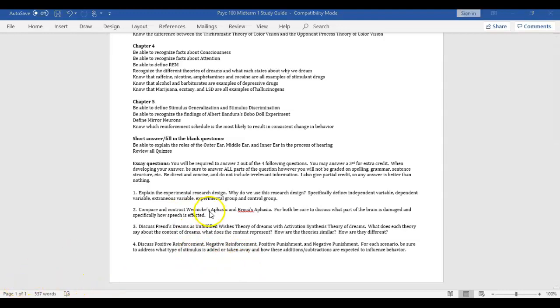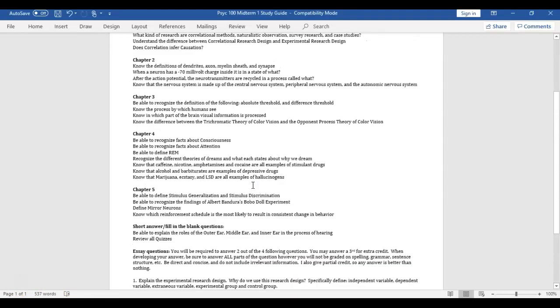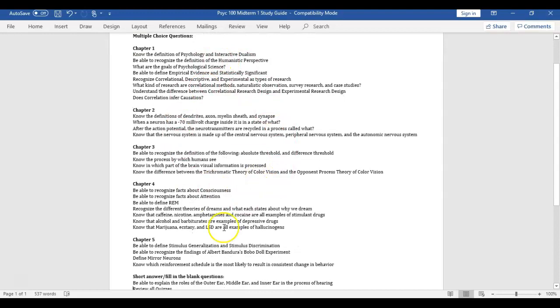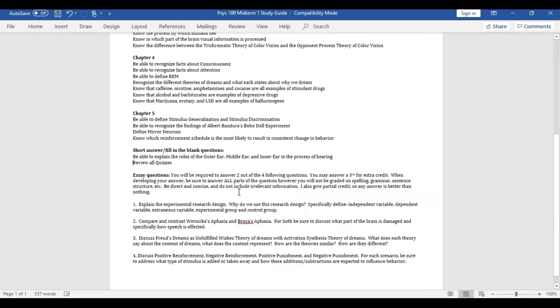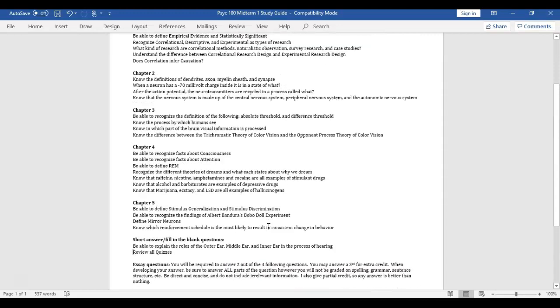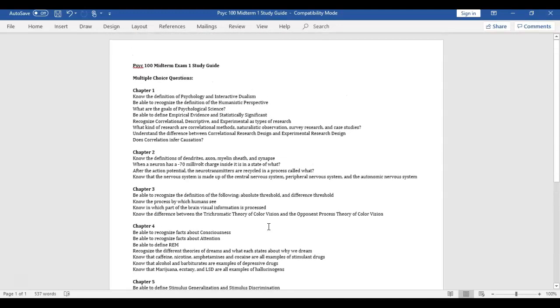Okay, so that's about it as far as what you need to know for the midterm exam. This is all being done online, so it's really just about making sure you can recognize the right answers, and being prepared to submit the answers for your fill in the blanks and your essay questions. So, if you follow this study guide and the quizzes very well, then you should really have no problem completing the exam.